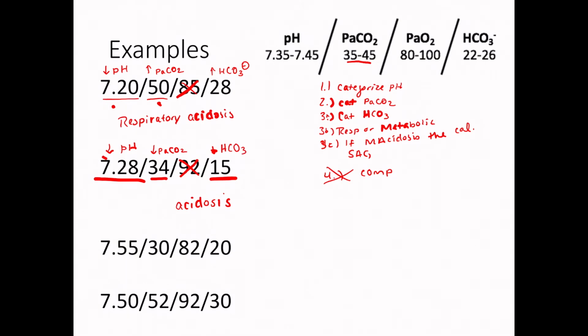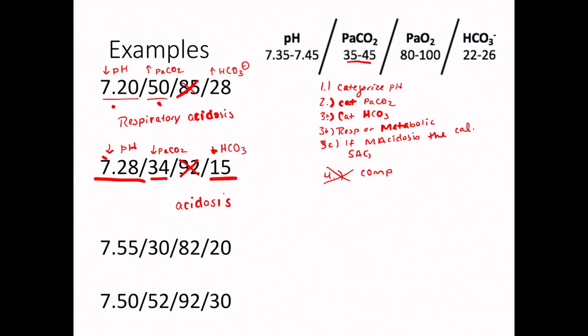So we start with our pH. We already know it's an acidosis, so now we just have to know if we need to write down respiratory or metabolic. So we start with our pH, looking next door at PaCO2. Does that make sense? If you have a low pH and a low PaCO2, is that your primary disturbance? No, because this low PaCO2 should be increasing your pH. So then we go from pH to the bicarbonate. Do those two make sense together?